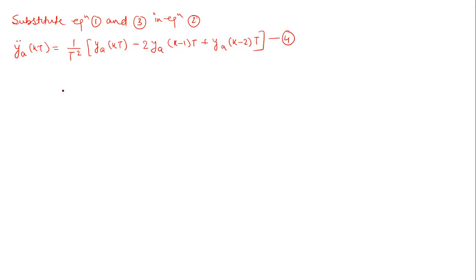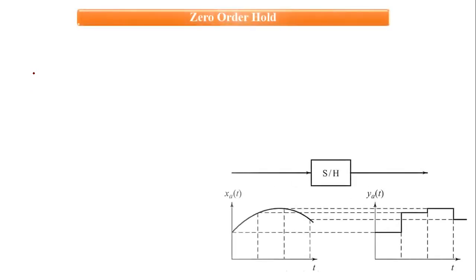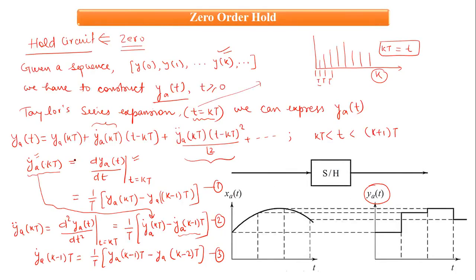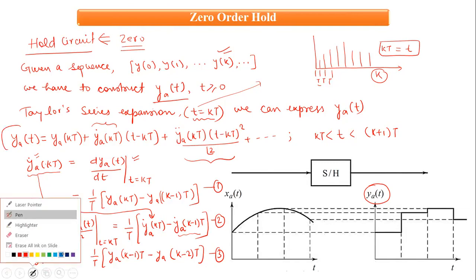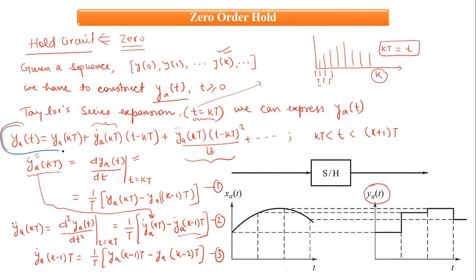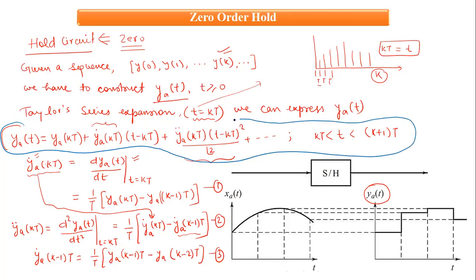So if we go back to the previous slide and see this particular Taylor series expansion, we'll give it some equation number, let us say 0.